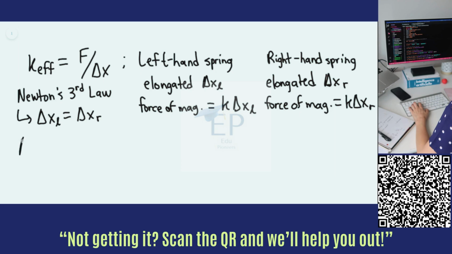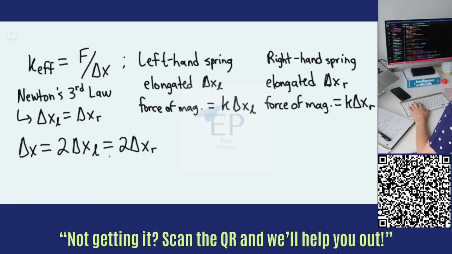So delta x is going to be equal to 2 times delta x sub L, or 2 times delta x sub R. Either one, we can use either one.